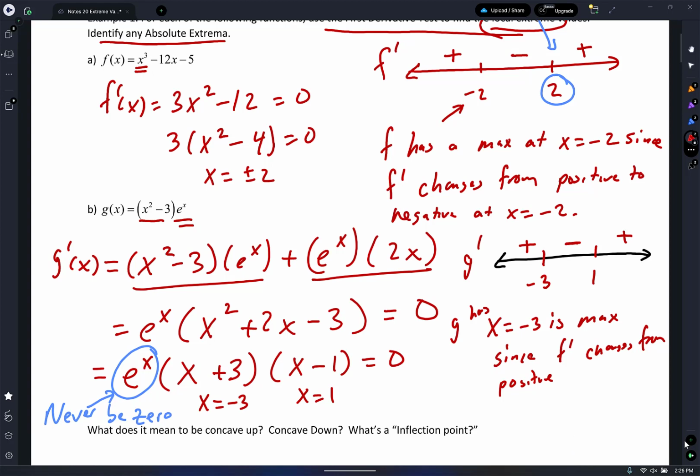G has max at x equals negative 3. X equals negative 3 is max on G, since G prime, sorry guys, changes from positive to negative at x equals negative 3.